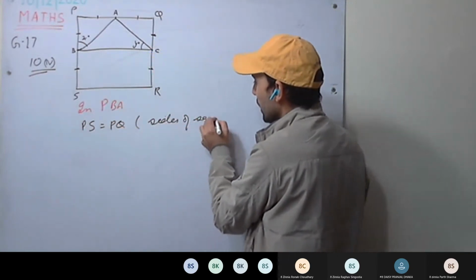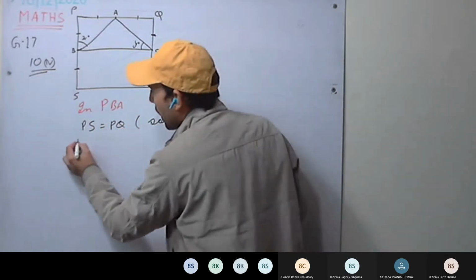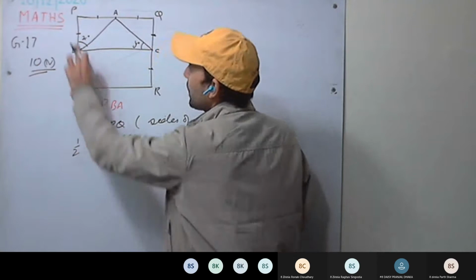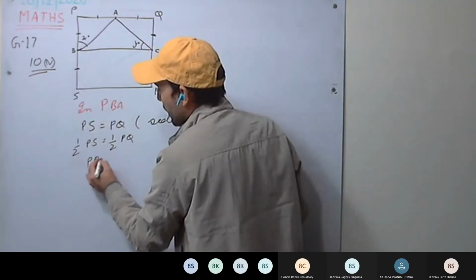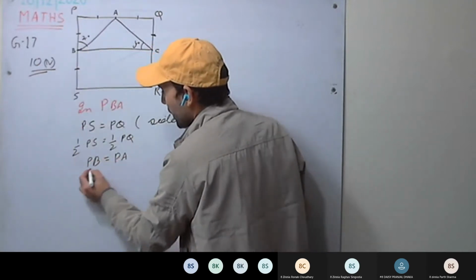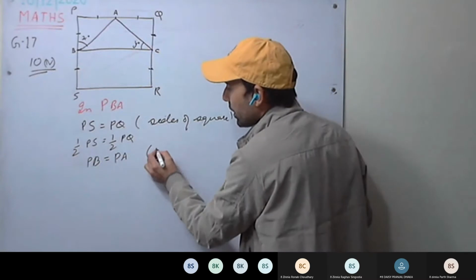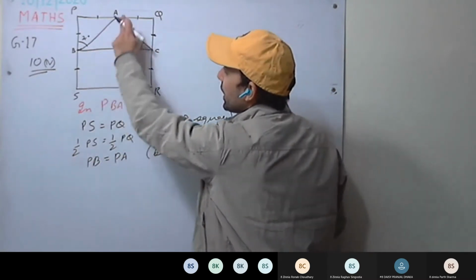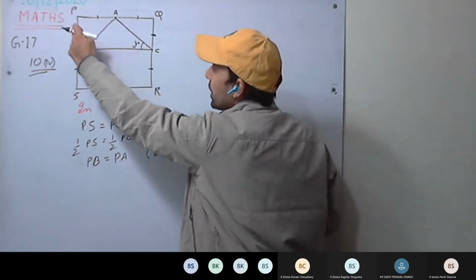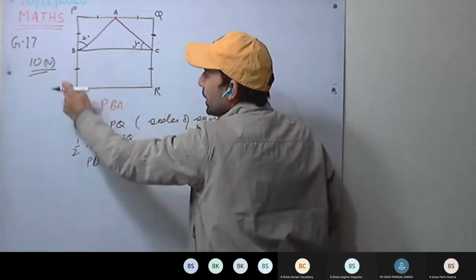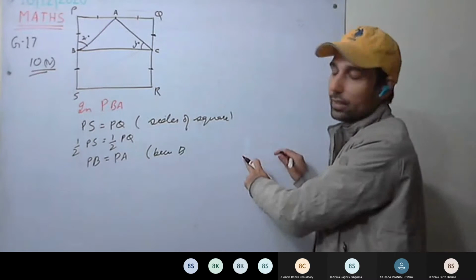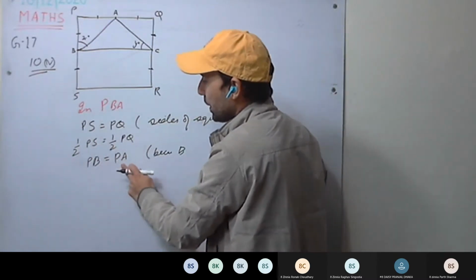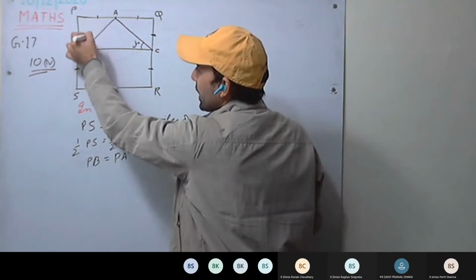If I take half of PS equal to half of PQ, half of PS is PB, so PB equal to PA. This is clear? Why? Because B and A are the midpoints of PS and PQ respectively. So these two sides are equal.